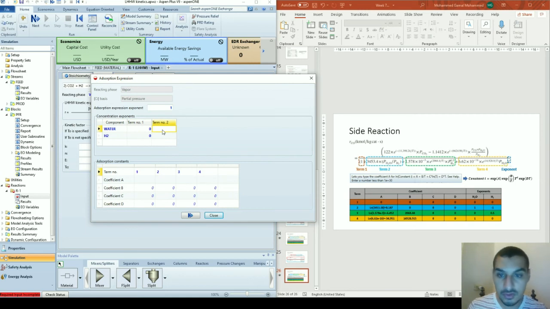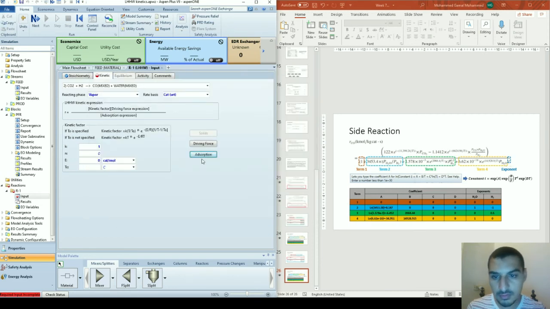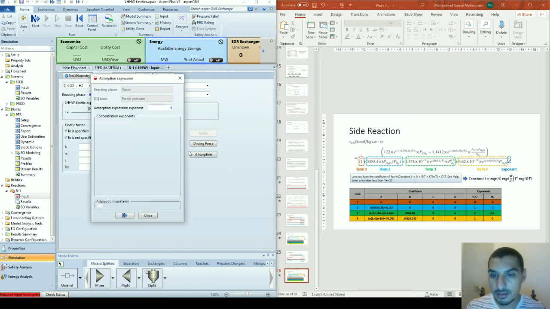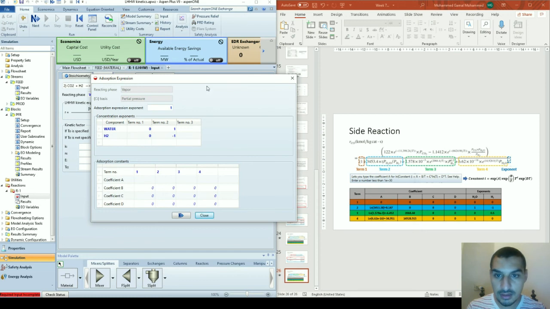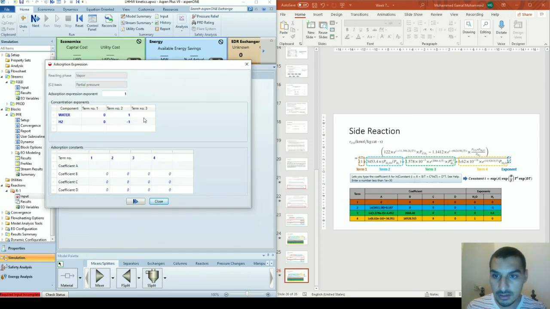For term number 2, we have water and hydrogen, -1. For term number 3, we have 0 water. I'm sorry about that. It's kind of a click that I'm used to.